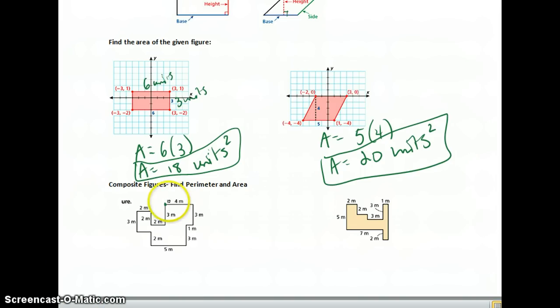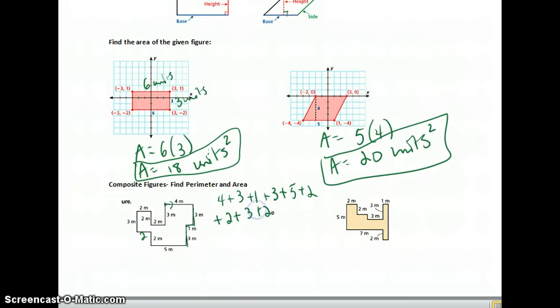So if I was going to start here and I'm going to go this way, I would say I'm going to walk 4, and then I'm going to add 3 because I have to go along this side, and then I have to go 1 here, then I have to go down another 3, and then I have to go across 5, up 2. So here I went up 2. I can see from this distance right here that this bottom is also 2.